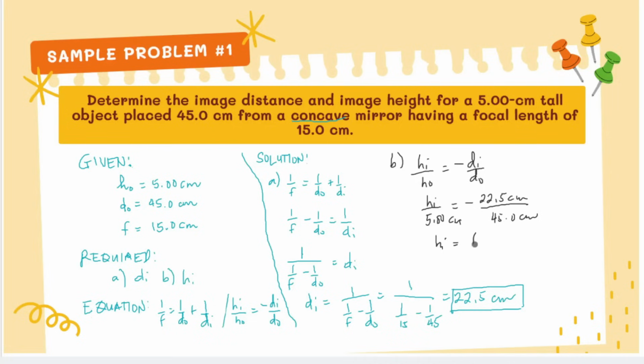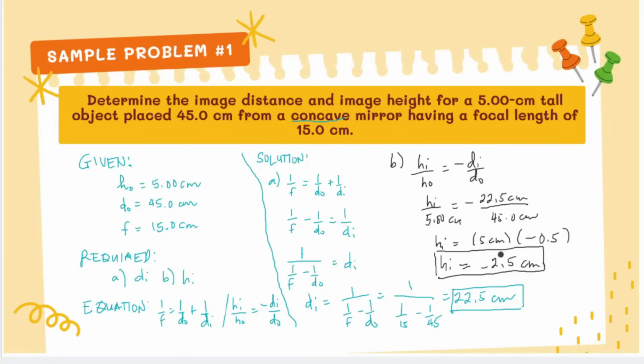So HI would be 5 centimeters times negative 22.5 divided by 45. That would be negative 0.5. So HI would be equal to 5 times negative 0.5, and that is negative 2.5 centimeters.